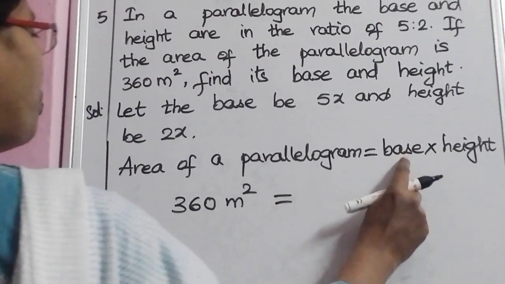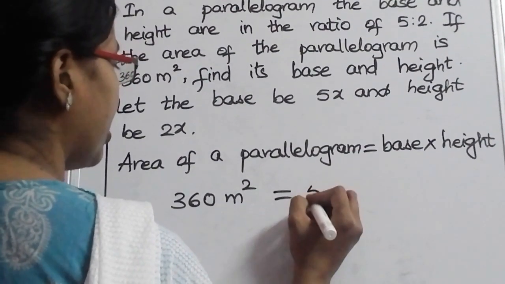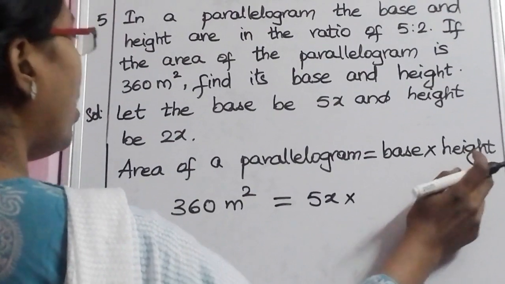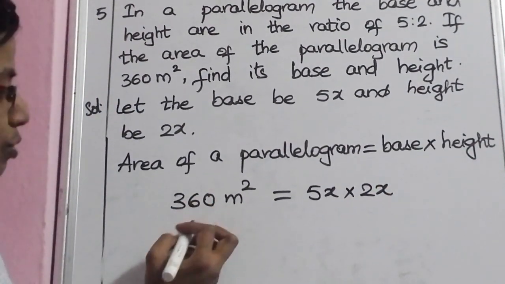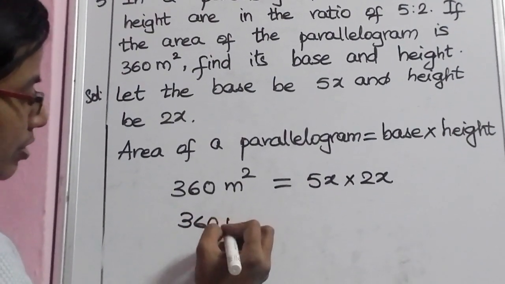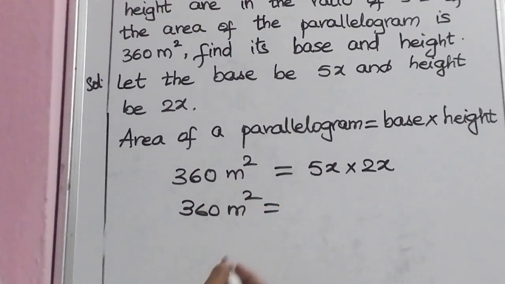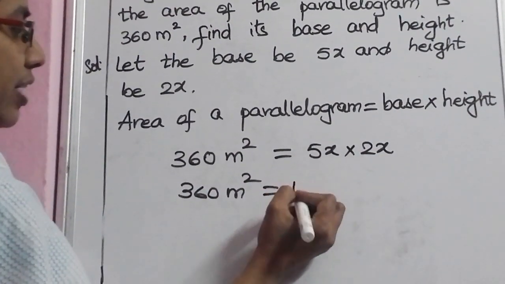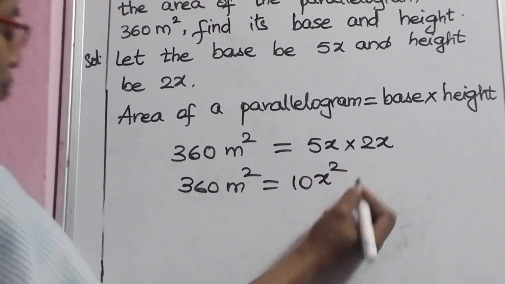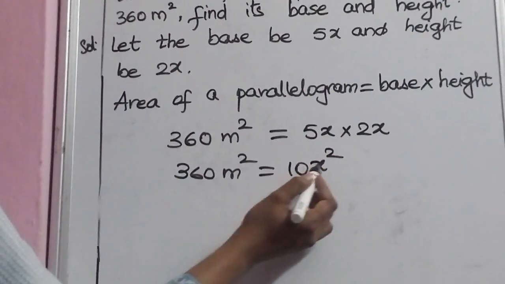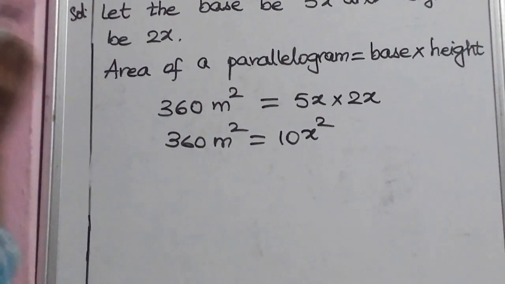This is equal to base 5x into height 2x. So now 360 square meters is equal to 5 2s are 10, x into x is x square.